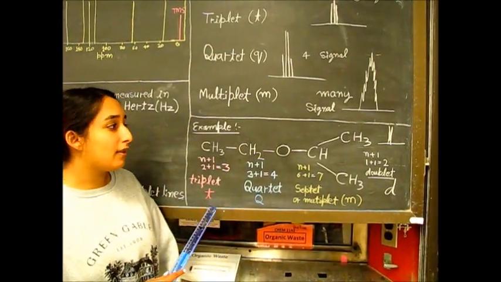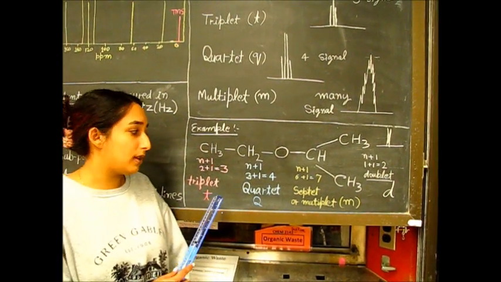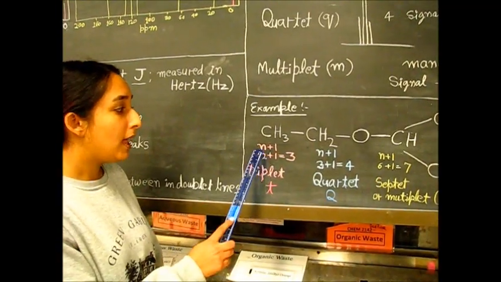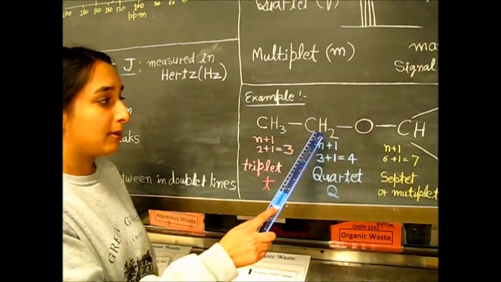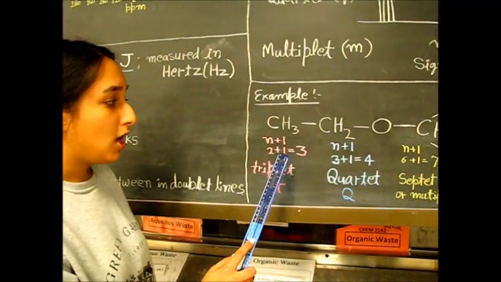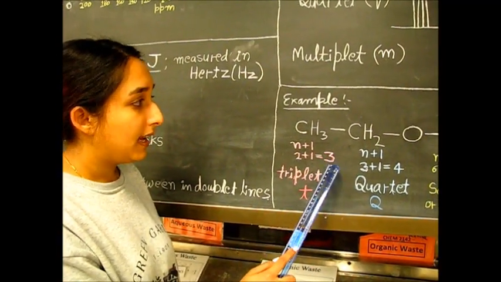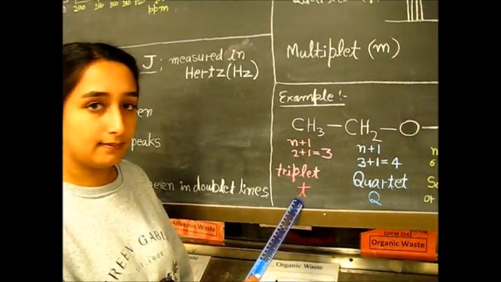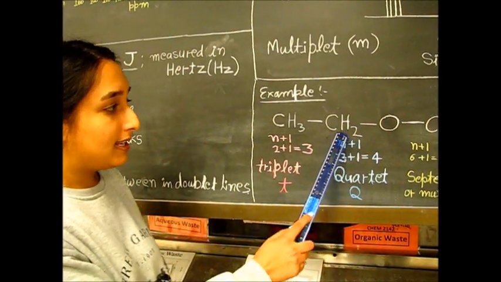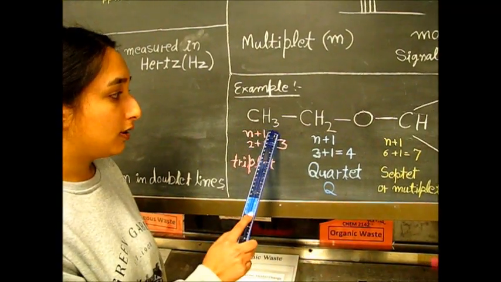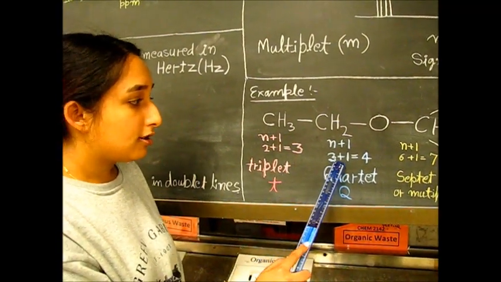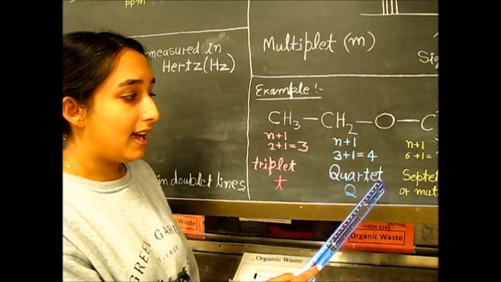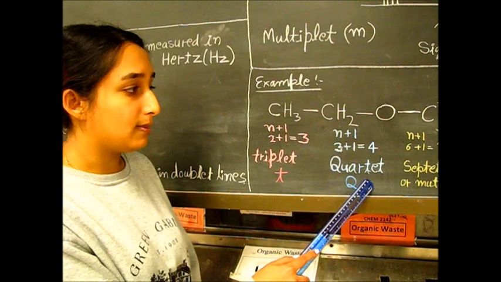We can use this example to understand multiplicity and the n+1 rule. Here we have a CH3, and using the n+1 rule, this n stands for the neighboring hydrogens, so there are two of those. So 2 plus 1 equals 3. This means that this CH3 would show up on a spectrum as a triplet. Over here, this CH2 has 3 neighboring hydrogens, so 3 plus 1 equals 4. This CH2 will be represented as a quartet on the NMR spectrum.